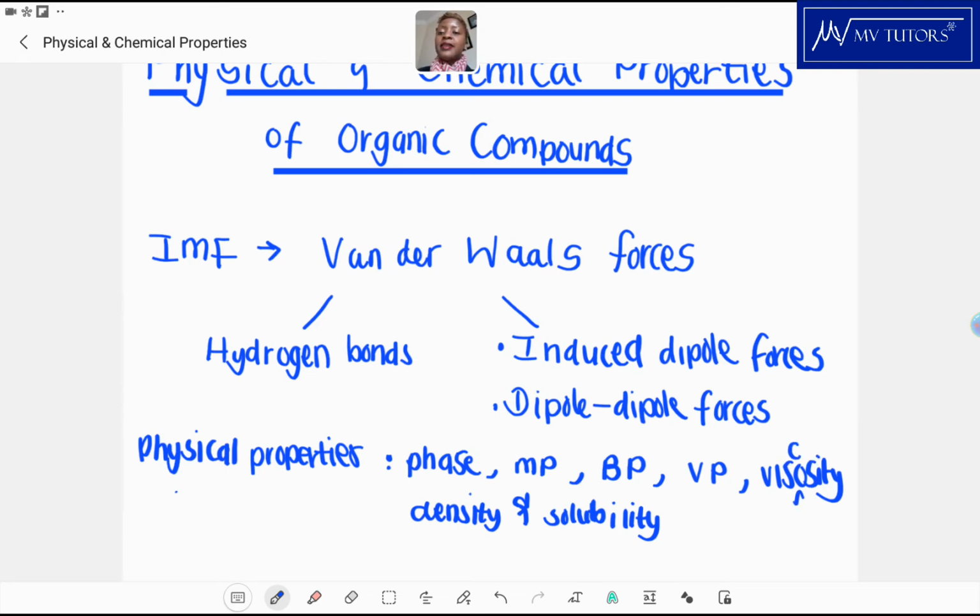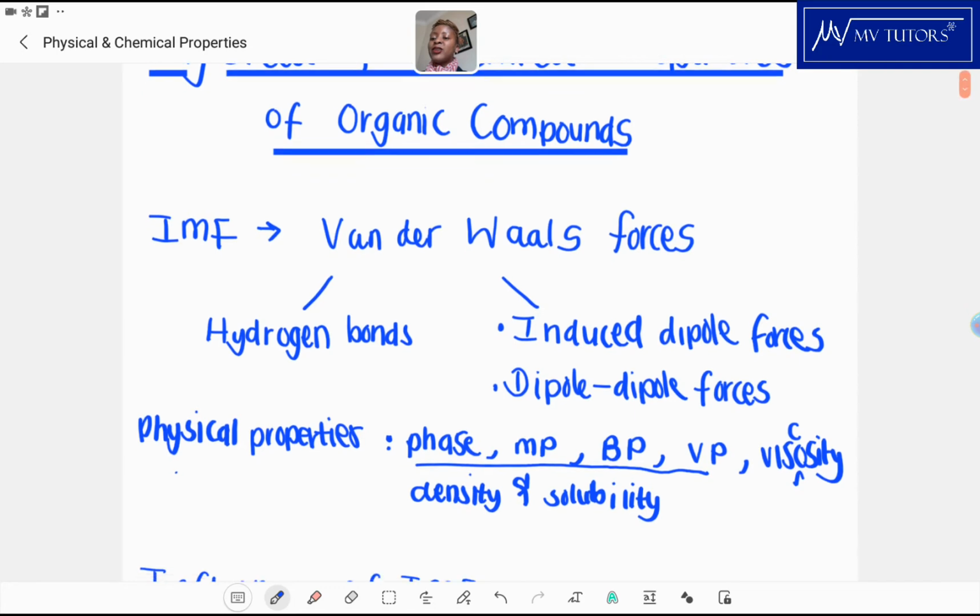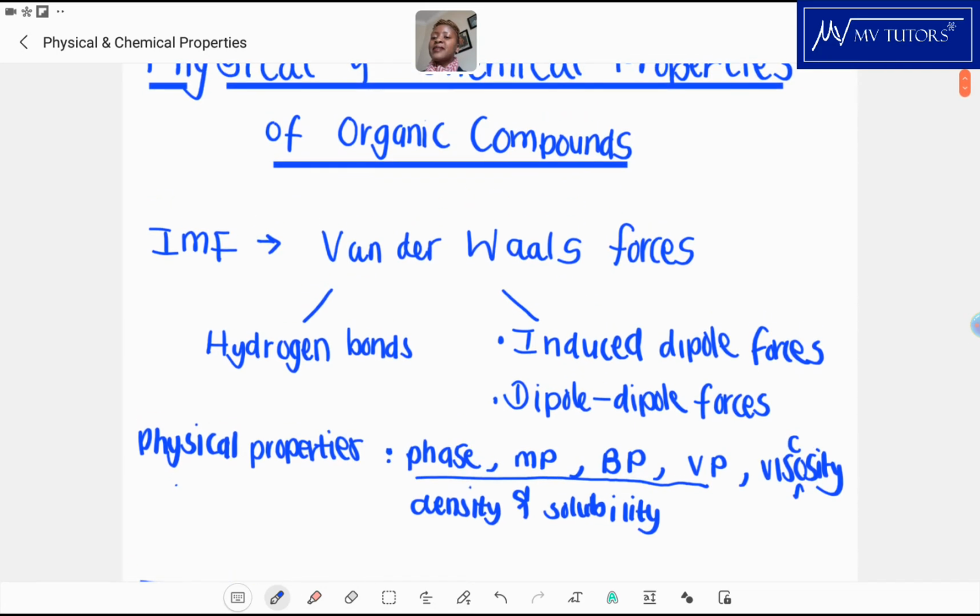Those are your physical properties, but we're really going to focus mainly on these first four: your phase, your melting point, boiling point, and vapor pressure. And you can summarize it by saying the following.